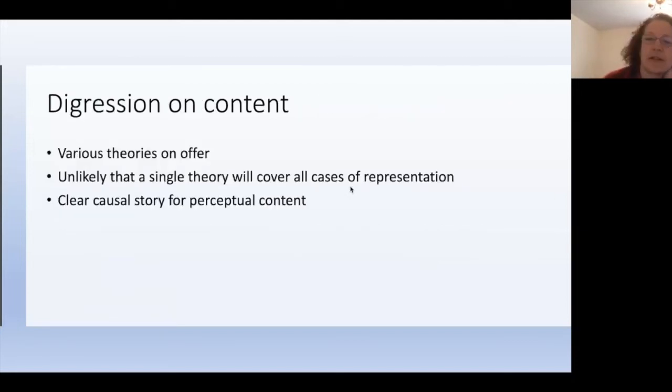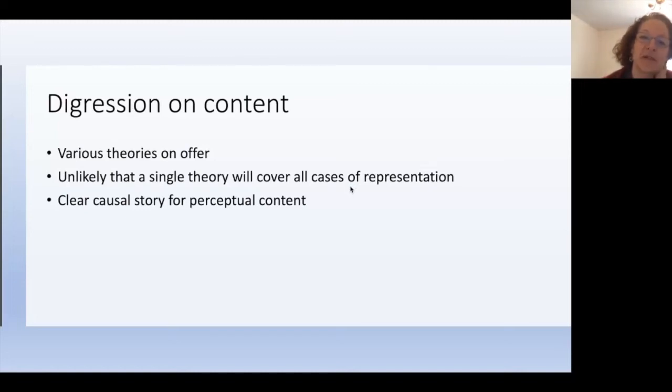Now, there's a lot to say about content itself. I don't think that we necessarily have to make any decisions about philosophical theories of content in order to make the assumption that brain activity carries content.